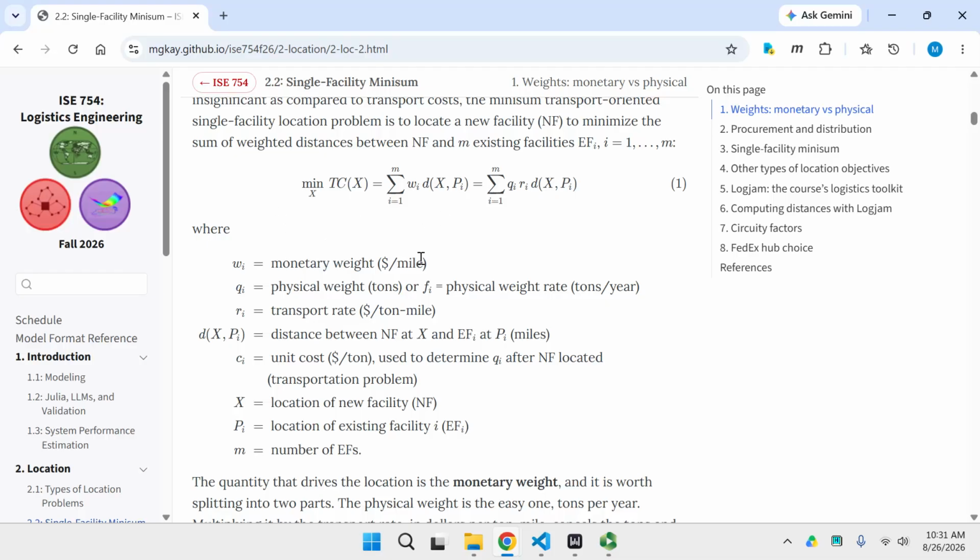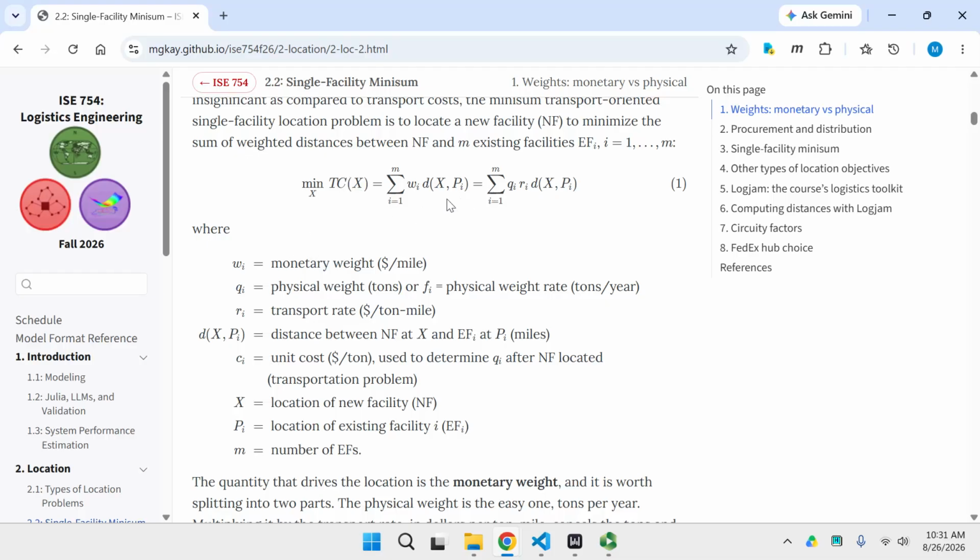But in this case, more generically, we're going to think of monetary weights as typically being provided in units of dollars per mile. And then that can be multiplied times the distance, so the miles cancel, and we end up with a total cost in dollars. This is an example of how the units need to balance out. So you can tell what units the different variables need to be in, because we want everything to net out by having a total cost in dollars.